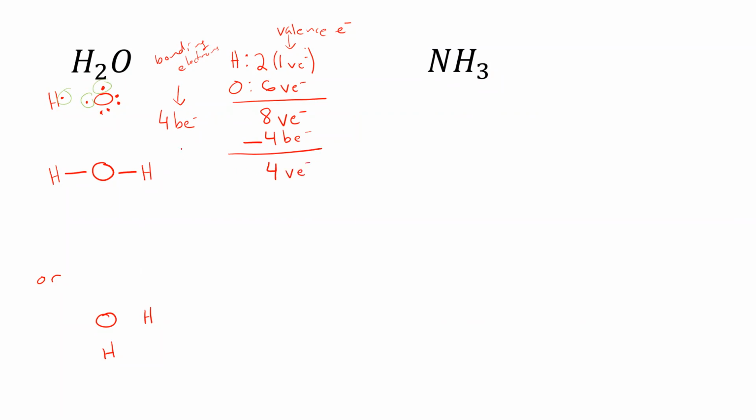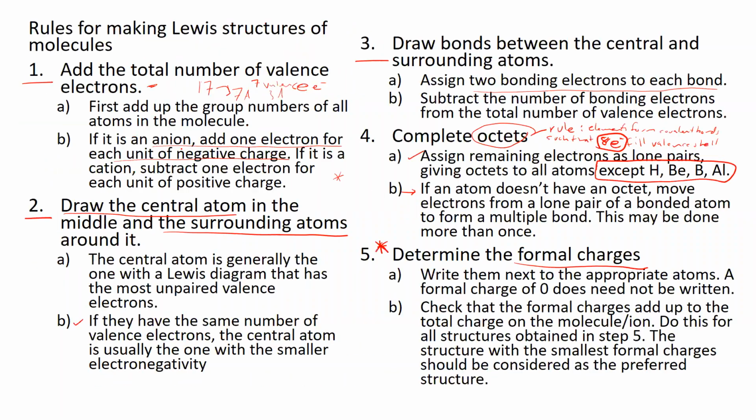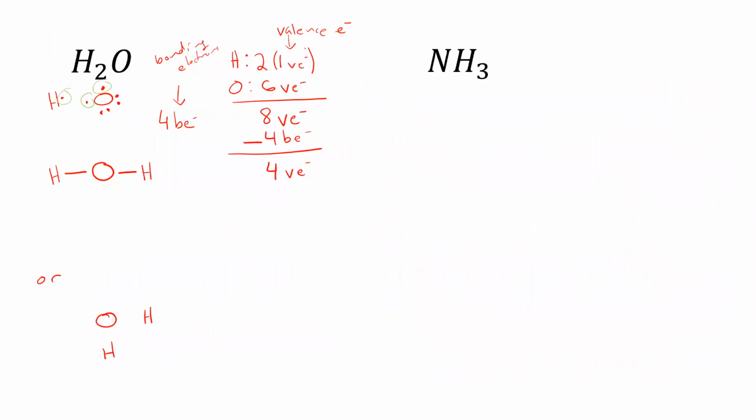And then our next rule says we're going to complete our octets, right? That's rule number 4. Assign the remaining electrons as lone pairs, giving all octets to atoms except for hydrogen, beryllium, boron, aluminum. Hydrogen is one of those special cases because it can only hold a total of 2 electrons around it, because its shell is the 1s orbital.